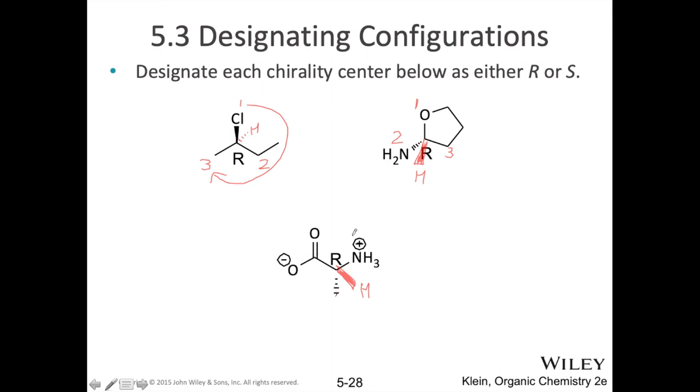Nitrogen has priority over carbons, so that has the number 1 designation. Out of these two carbons, this carbon's connected to oxygens, so that's second priority, and this one only has hydrogens attached to that carbon, so that's third priority. Okay, so even though we're looking at it backwards and it looks like it's going counterclockwise, we've got to look at it from the other perspective where that hydrogen's pointing away from you, and so that's why it's actually clockwise.